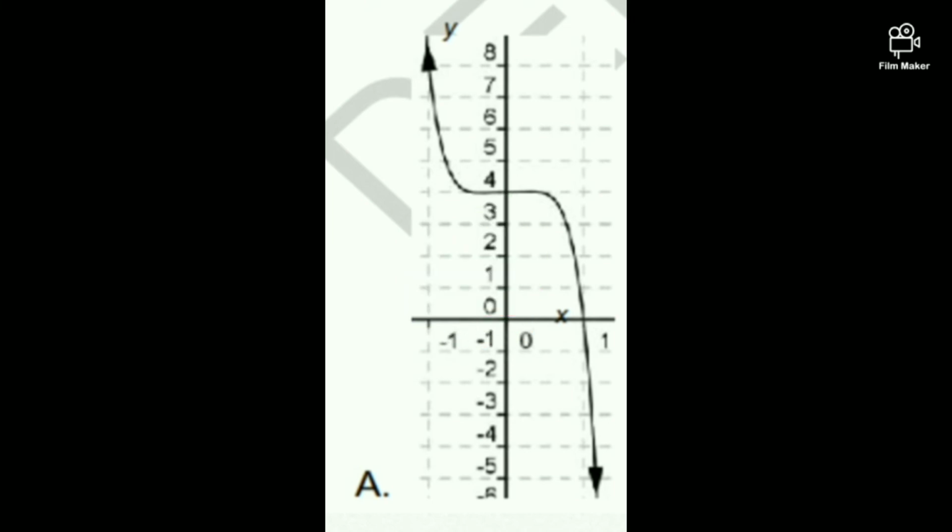And now, let's check the turning points. Degree 5, so you expect degree minus 1, and so 5 minus 1 is equal to 4 turning points. Let us check the graph. Are 4 turning points visible in the sketch?